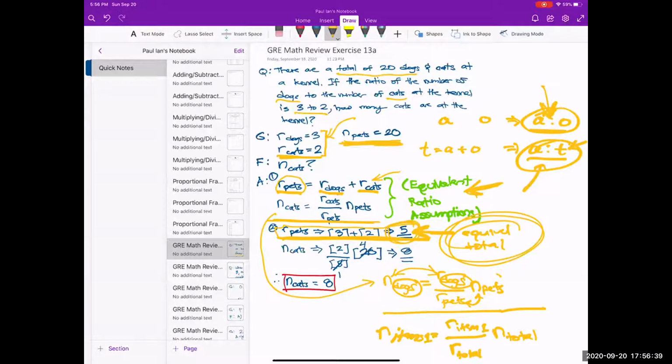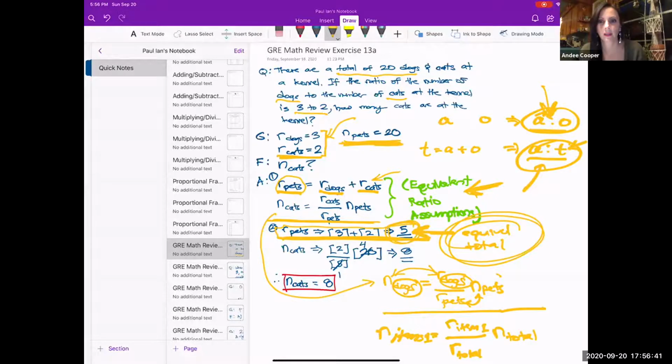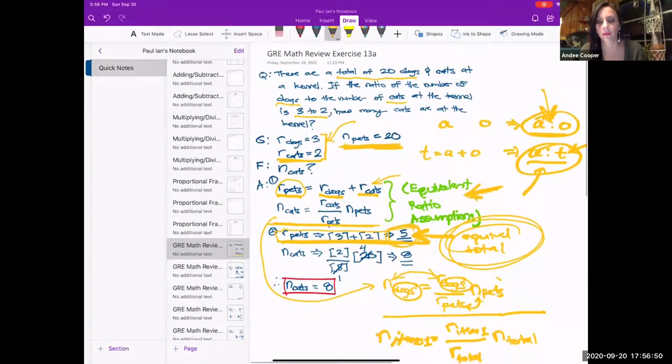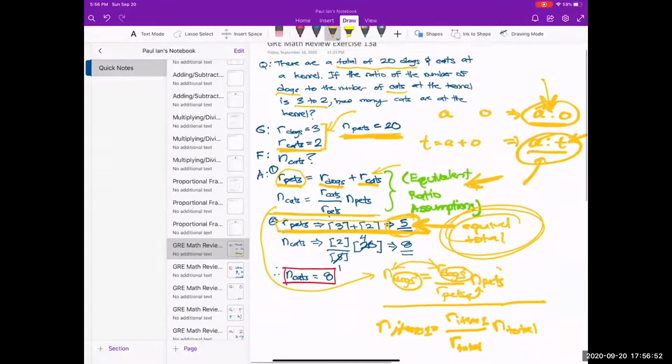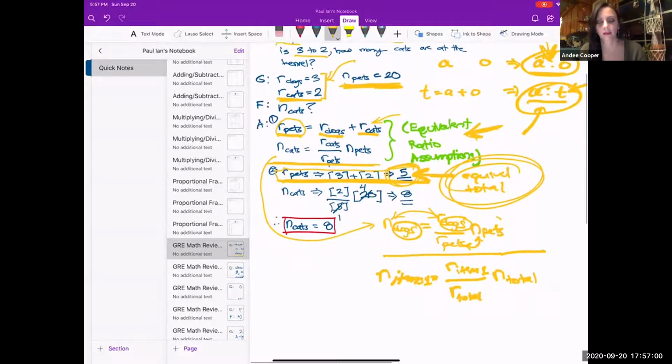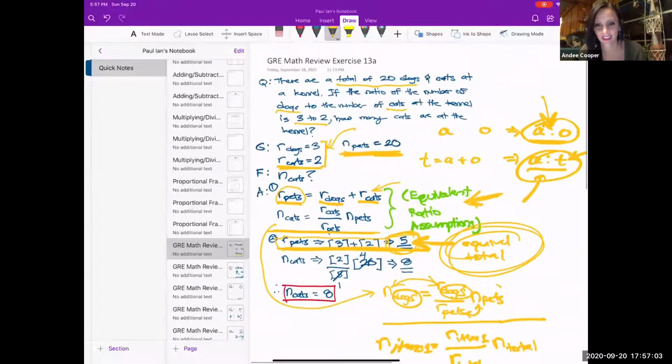Okay, it's just that mechanics. That's how you approach it. You can't work with 3 and 2. You have to work with the total. I think I've seen this problem switched many times, but that's what I remember. You always have to add the ratios before you work with the problem.